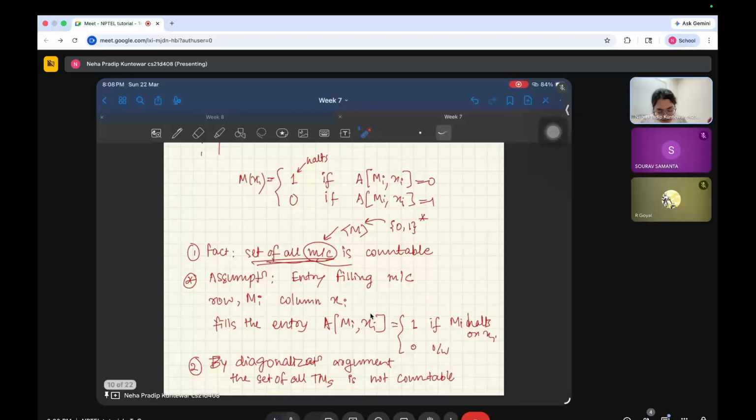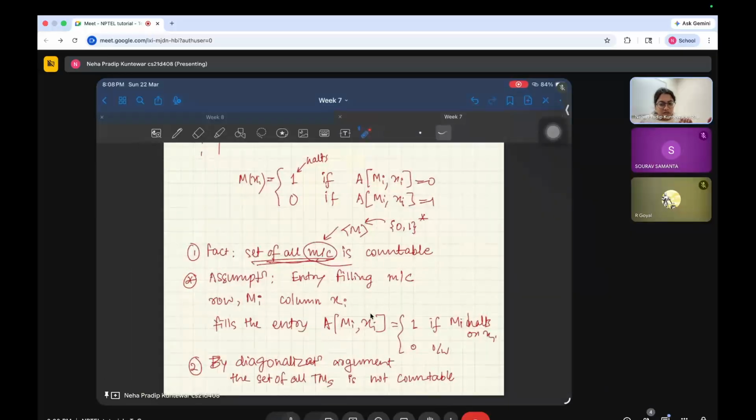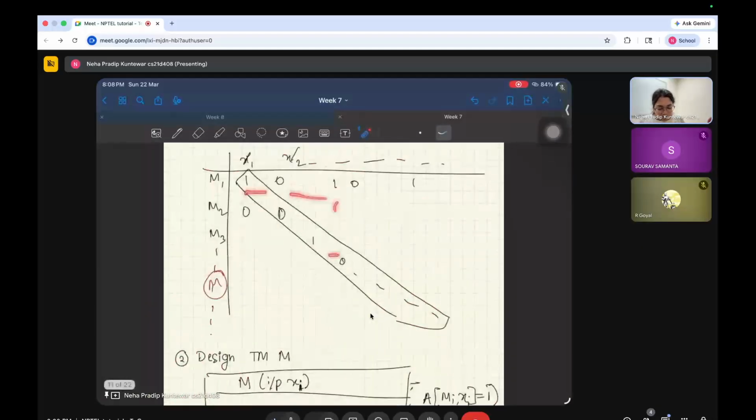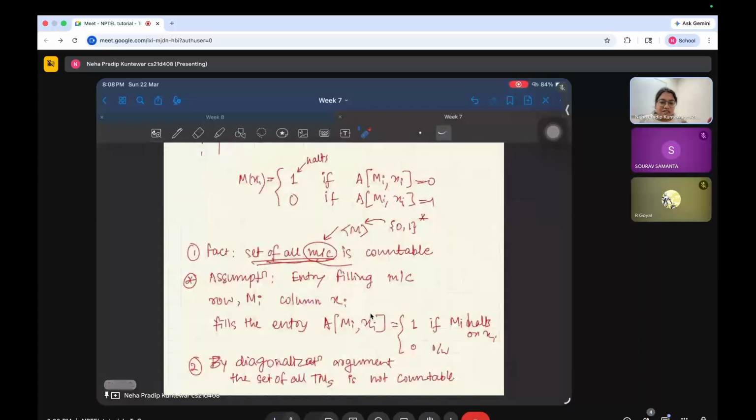It occurred in the fact that we assumed that such an entry filling machine exists. So this assumption was incorrect. If the machine exists, then we can nicely write all these 1 0 values, come up with a new machine, and so on. But the point is that such a machine cannot exist. Given an M and an x, you cannot tell whether M accepts x or not.